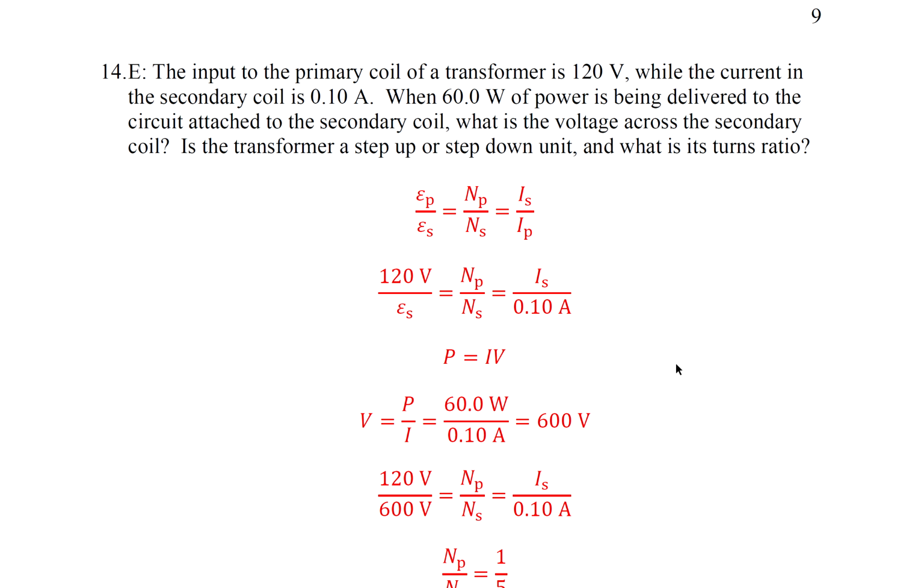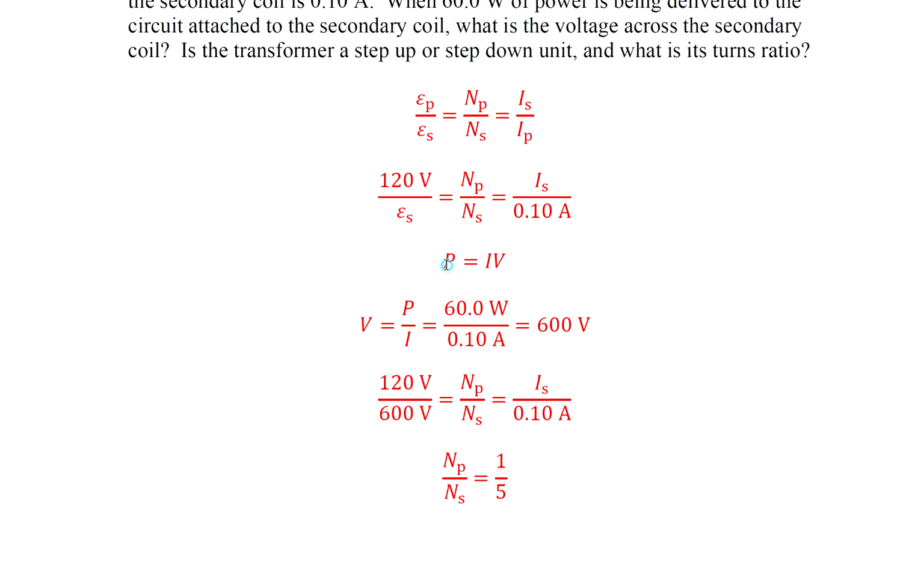Is the transformer a step down or step up unit, and what is the turns ratio? So once again, we use this equation again. We're also going to use P equals IV to solve for voltage, or E sub S.